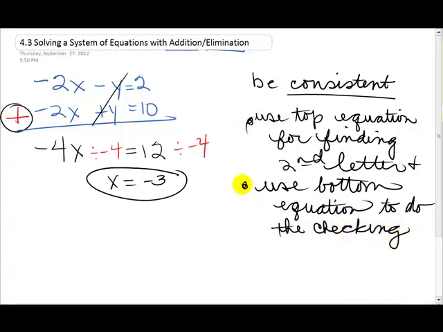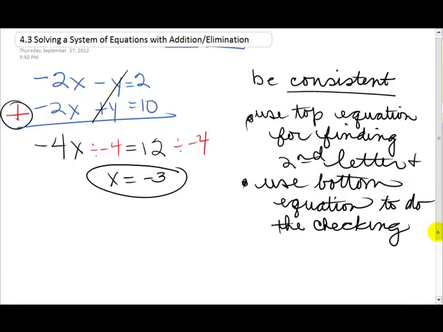We want to be consistent. We can't use the same equation for both. Whatever we used to find the second letter, if we used it also to check it, it would say we were right all the time.